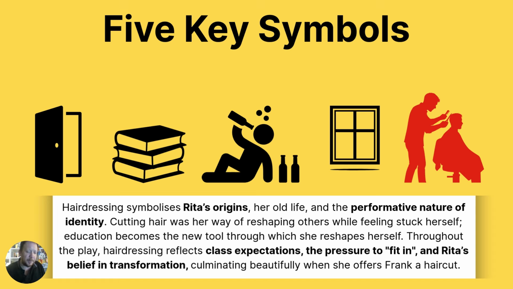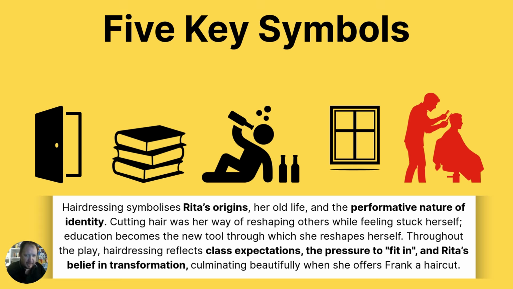I can't help thinking that this is Russell, of course. Russell has been, in his own head at some stage, deeply thinking about the connection between his new life and his old life. And he's like, that's the link. Hairdressing is as transformative to your identity as education is.